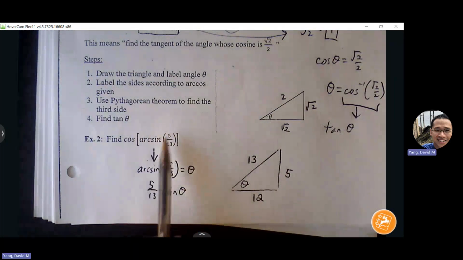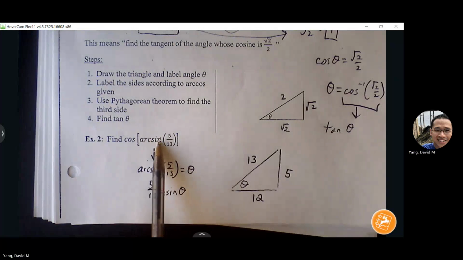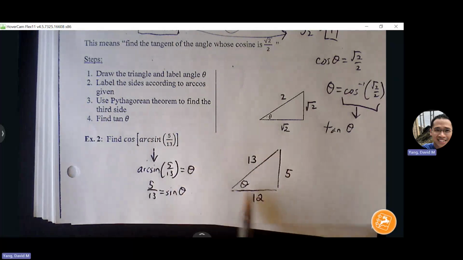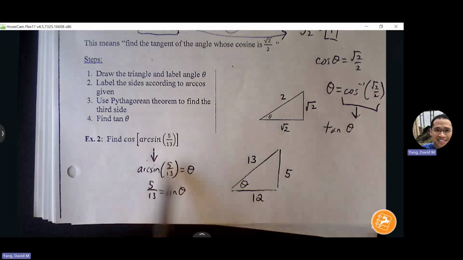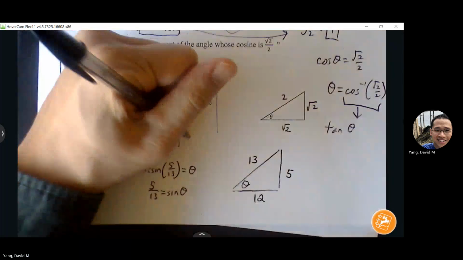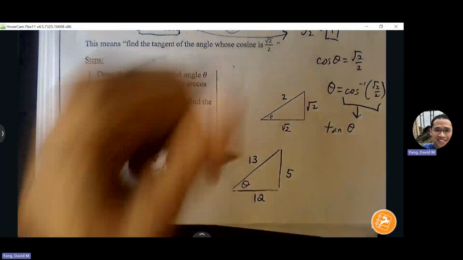So now that we have theta figured out in terms of the size of a right triangle, what's cosine of theta? Yep, adjacent over hypotenuse.